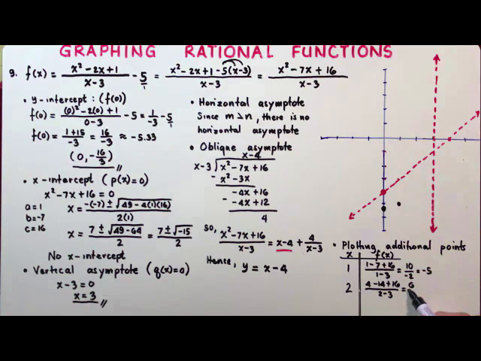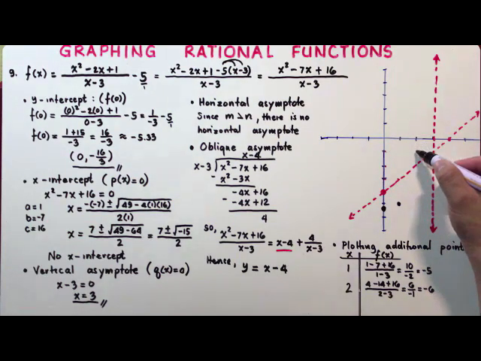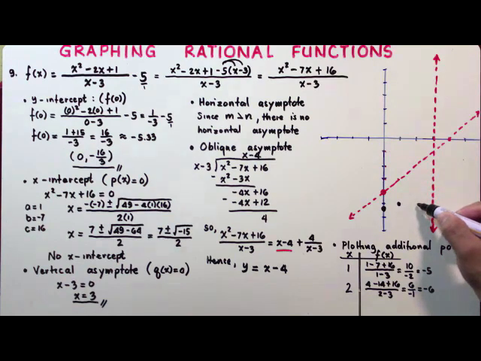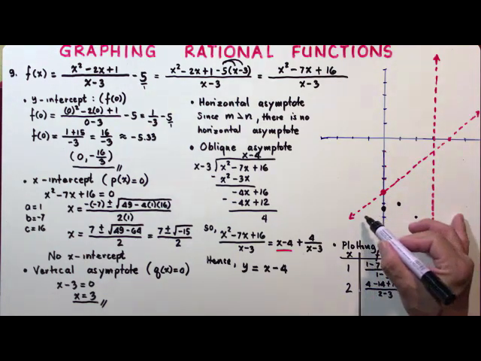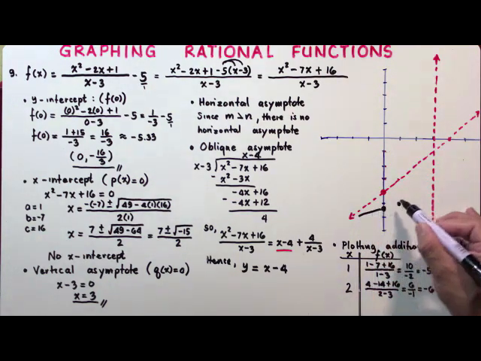And 6 will be divided by negative 1, because 2 minus 3 is negative 1. So this is negative 6. Plotting the point, when x is 2, it's negative 6: negative 1, negative 2, negative 3, negative 4, negative 5, negative 6 here. So we understand using these 3 points that the graph is like this here.